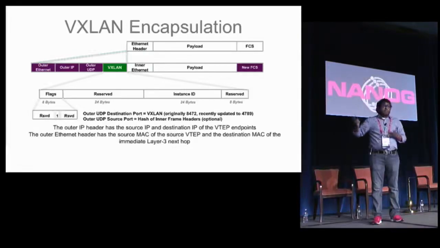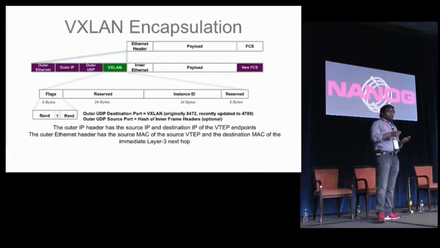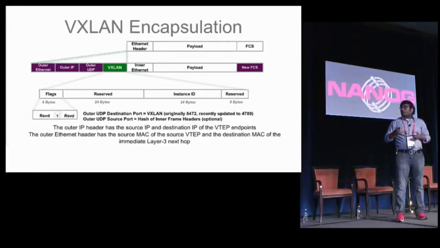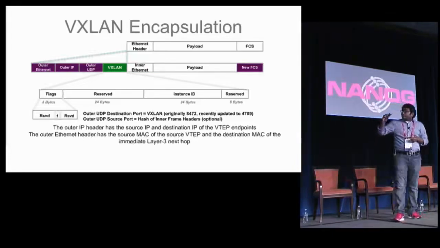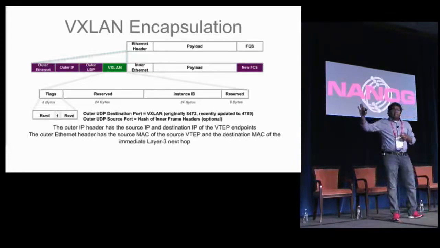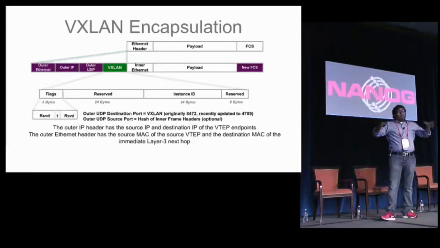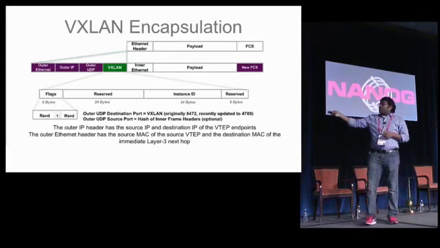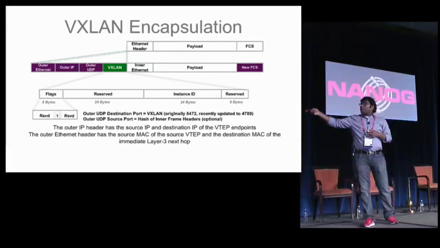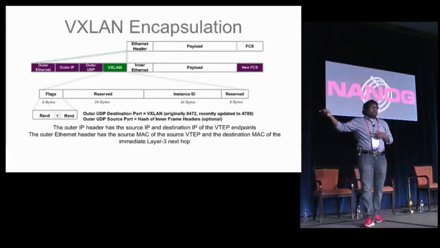The instance ID is where you have most of the fields defined, your segment IDs or instance IDs. The second header that you're looking at is what your VxLAN packet will look like in your data center environment. The packet that actually comes in or goes out towards the end host is the top layer packet.